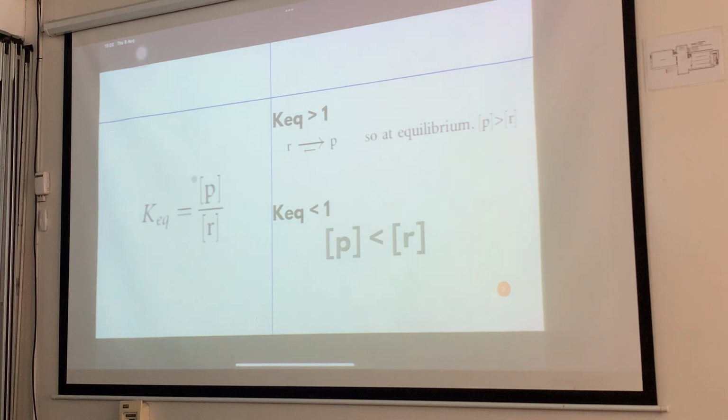So that's why the point of equilibrium is defined as the relative concentrations of R and P when the rate of formation of P is exactly equal to the rate of formation of R. Okay? That's why there is that relationship here.